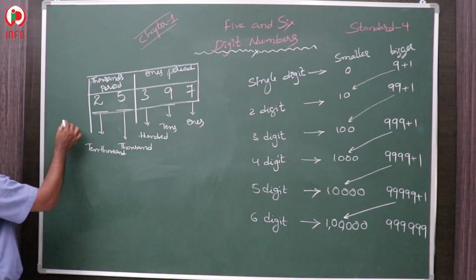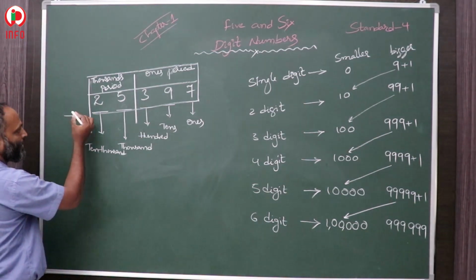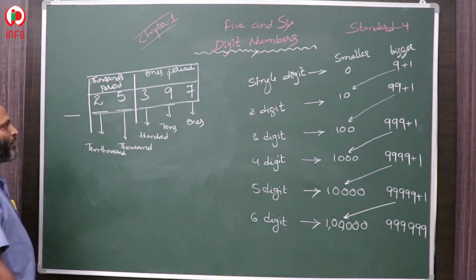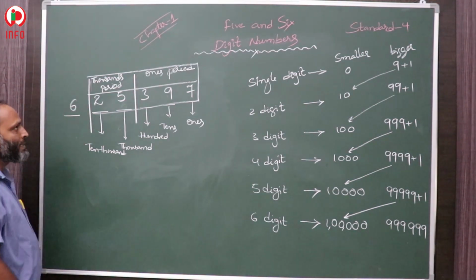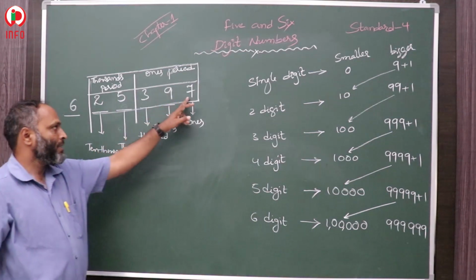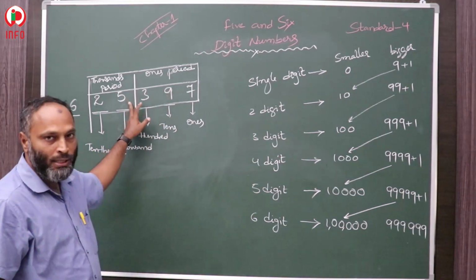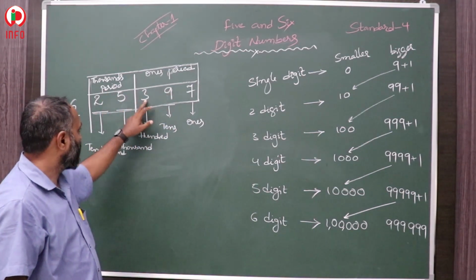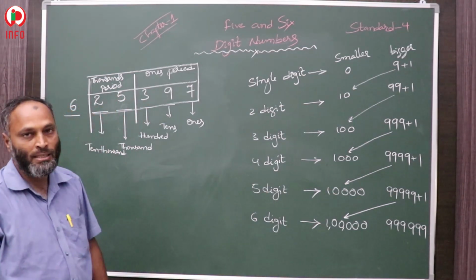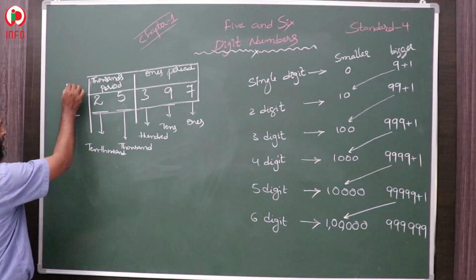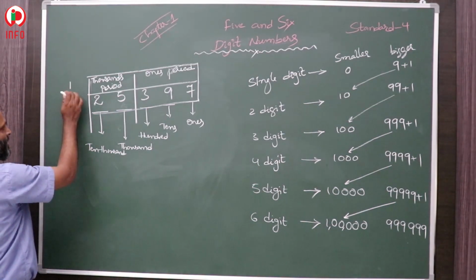After the thousands period, if we consider one more digit, suppose there is a 6, then this is the 6th digit. First digit, second digit, third digit, fourth digit, fifth digit, and this is the 6th digit. In the 6th digit, this is the lakhs place.